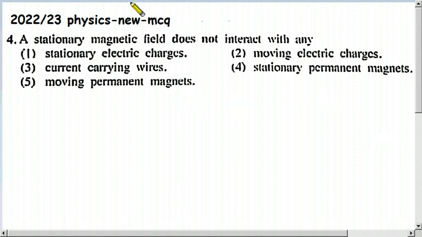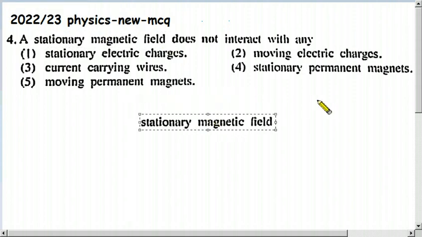So children, first of all let us discuss what this stationary magnetic field is. We can create a stationary magnetic field by two methods.